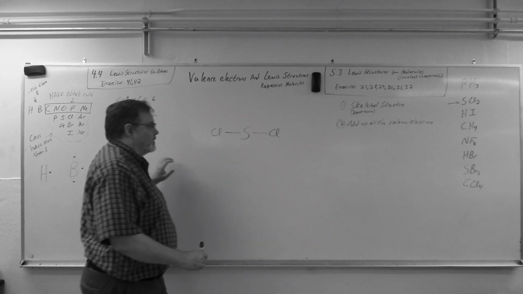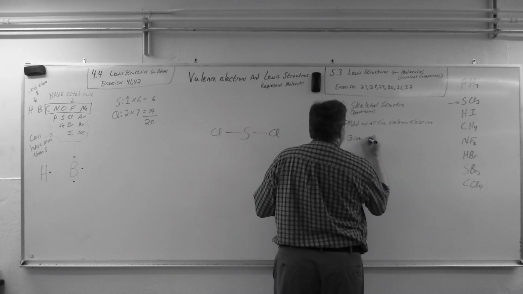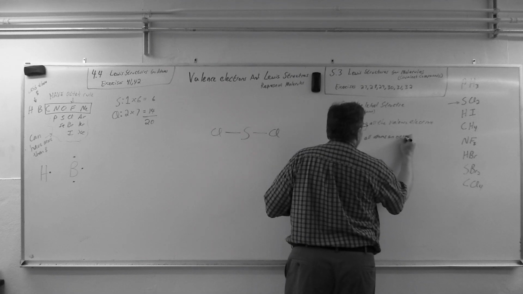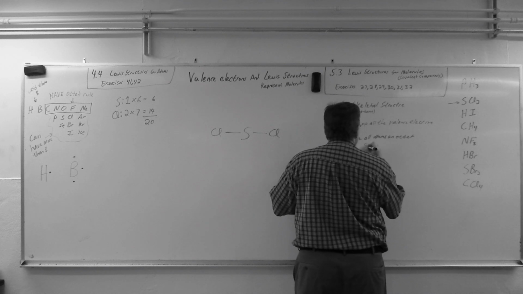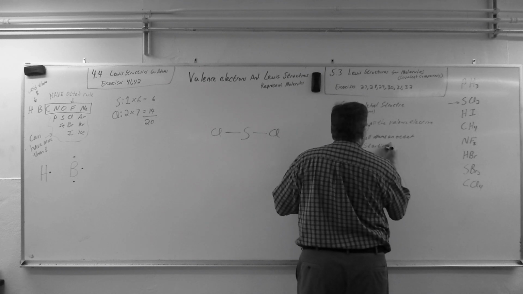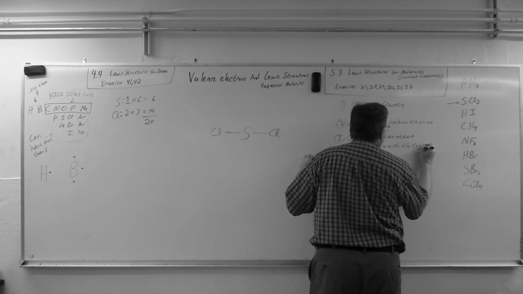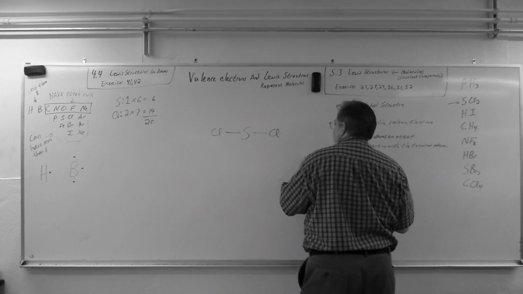The next rule, rule 3, give all atoms octets, starting with the terminal atoms.